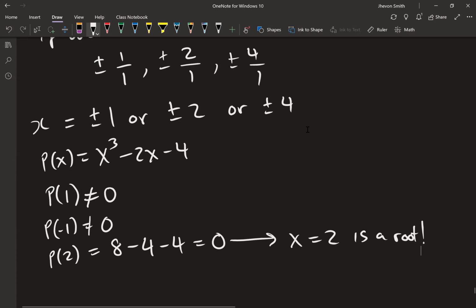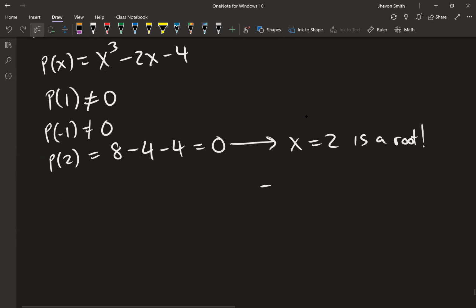Now there's another theorem called the factor theorem that tells you that this means that x minus 2 is a factor. Meaning when you factor this polynomial, x minus 2 is going to be one of the factors.